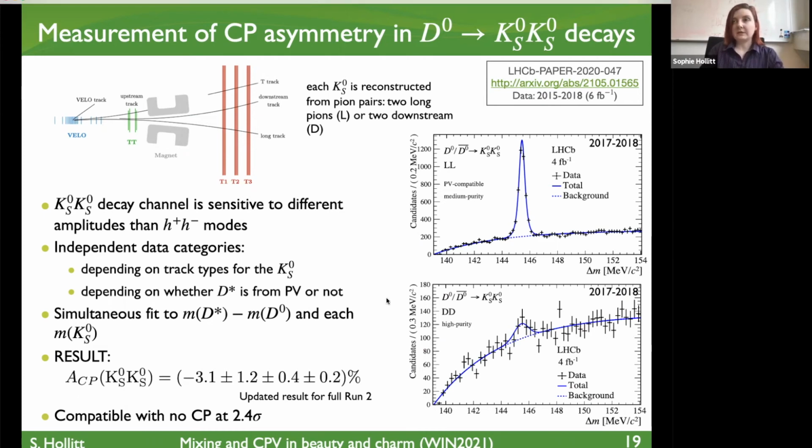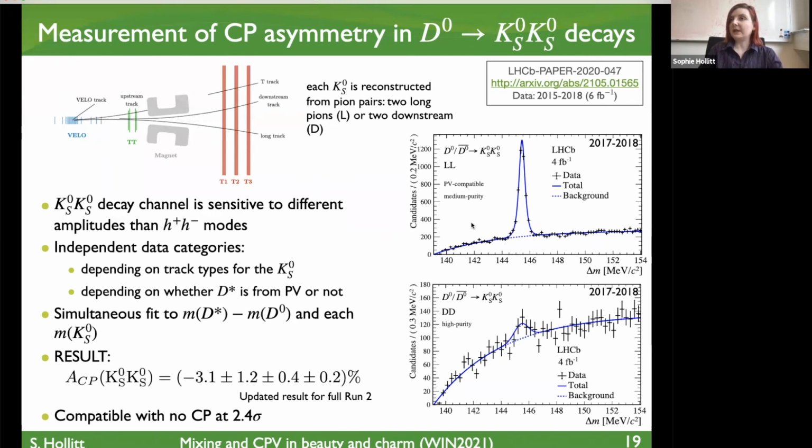In order to reconstruct this mode, each K short is reconstructed from charged pion pairs, pi+ pi-, and these are either reconstructed in the detector as long tracks, where we go through all of the tracking stations, including the VELO, where we have very high quality reconstruction and very good mass resolution, or sometimes they're reconstructed as downstream tracks, where the K short has decayed too late to be reconstructed in the VELO, so we just have a downstream track in the other stations.